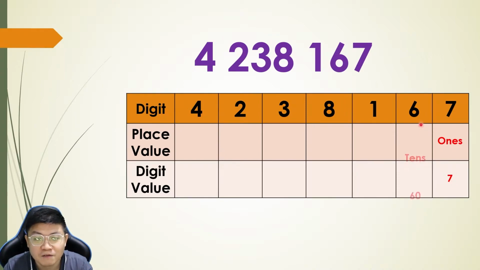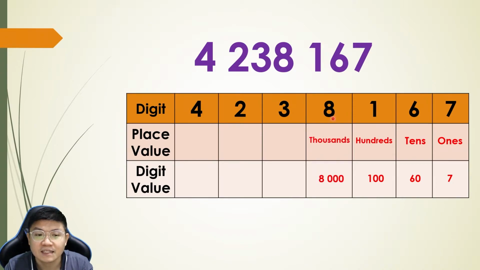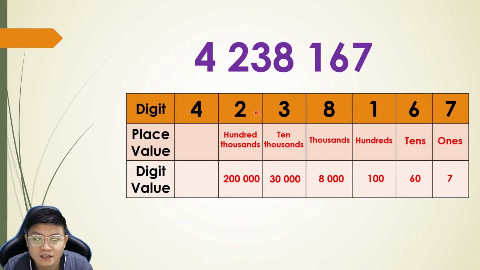So the place value for 6 is tens, 60, and 1 is hundreds, 100. For 8, thousands, 8,000. For 3, 10,000s and 30,000. 2 is 100,000s, 200,000. And the last one for 4 is millions, and we write 4 million.